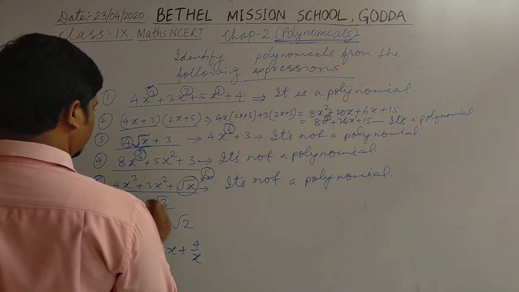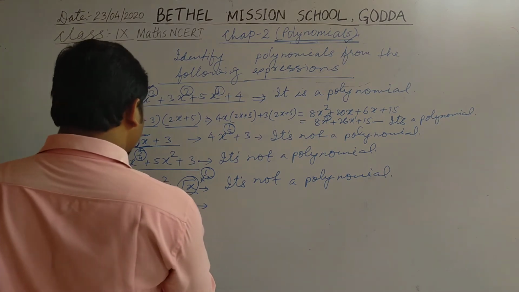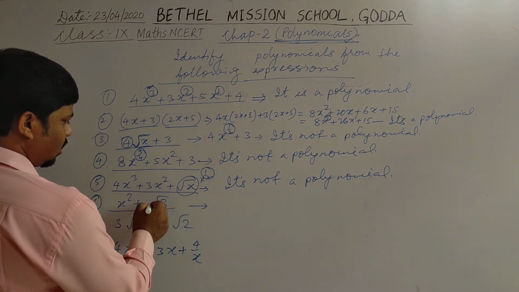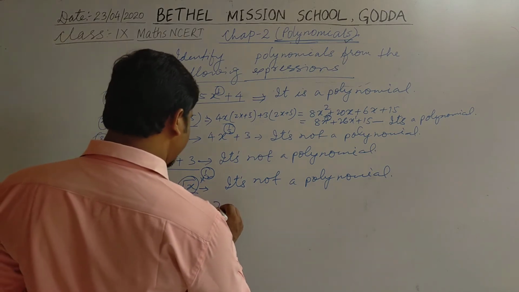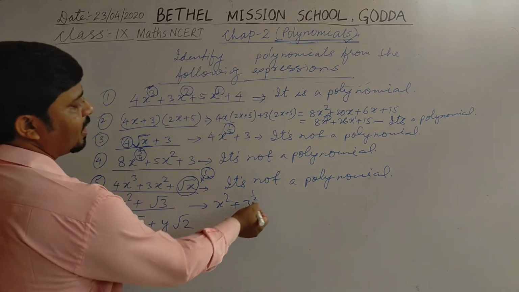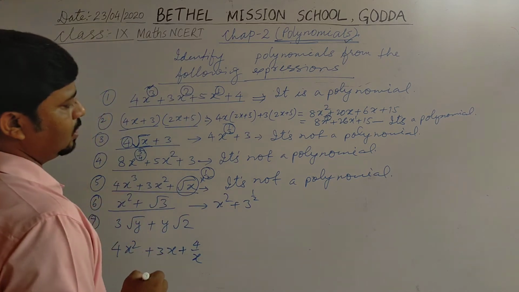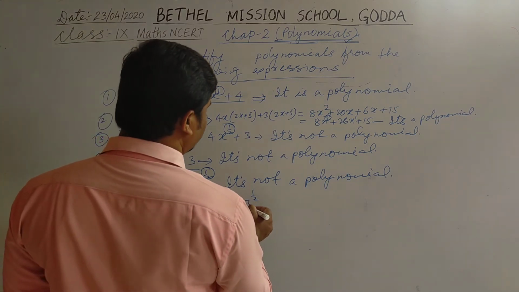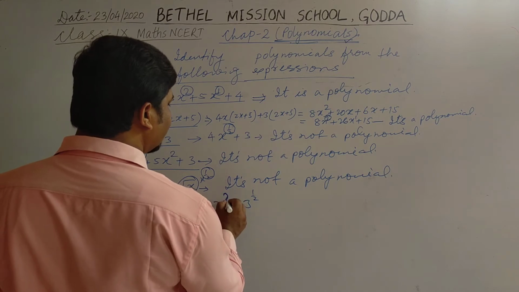Here x square plus under root 3. Under root 3 means 3 raised to power 1 by 2. So the power is not on the variable. This power is given on a constant. So power should not be on the variable.